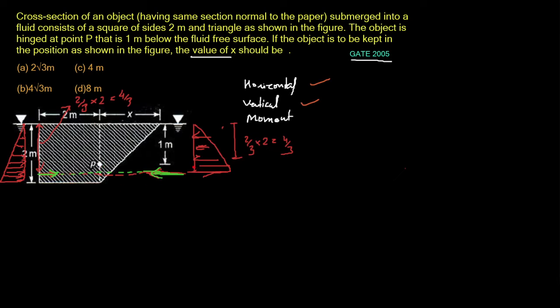So for horizontal forces, we don't have any moments, and if we consider the vertical forces, since nothing is told about the weight of the body, we will be neglecting the weight of the body, and the only other vertical force that is acting on this body would be the buoyant force.